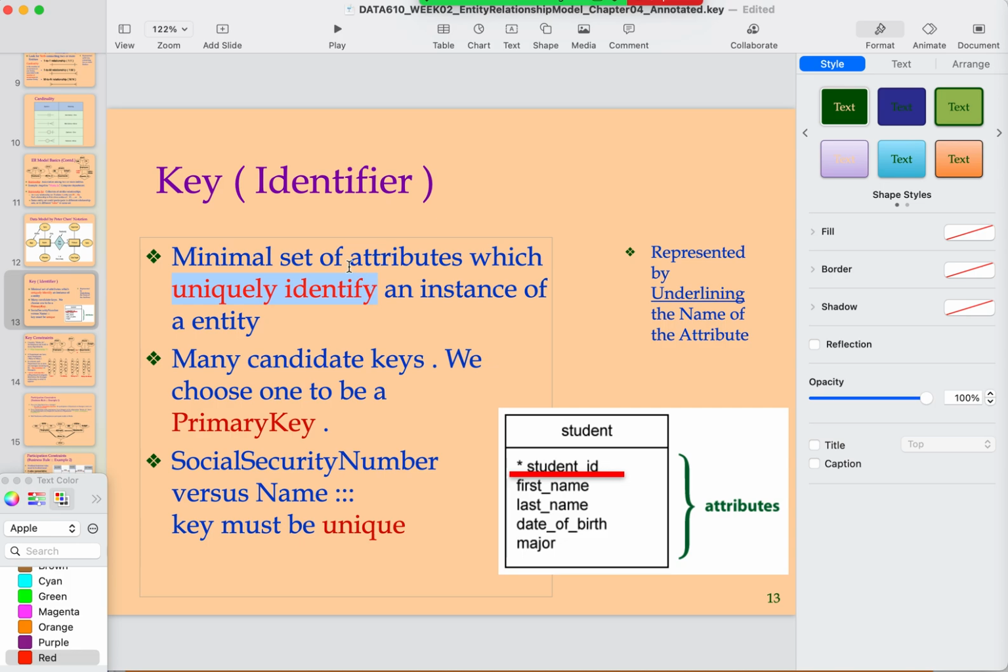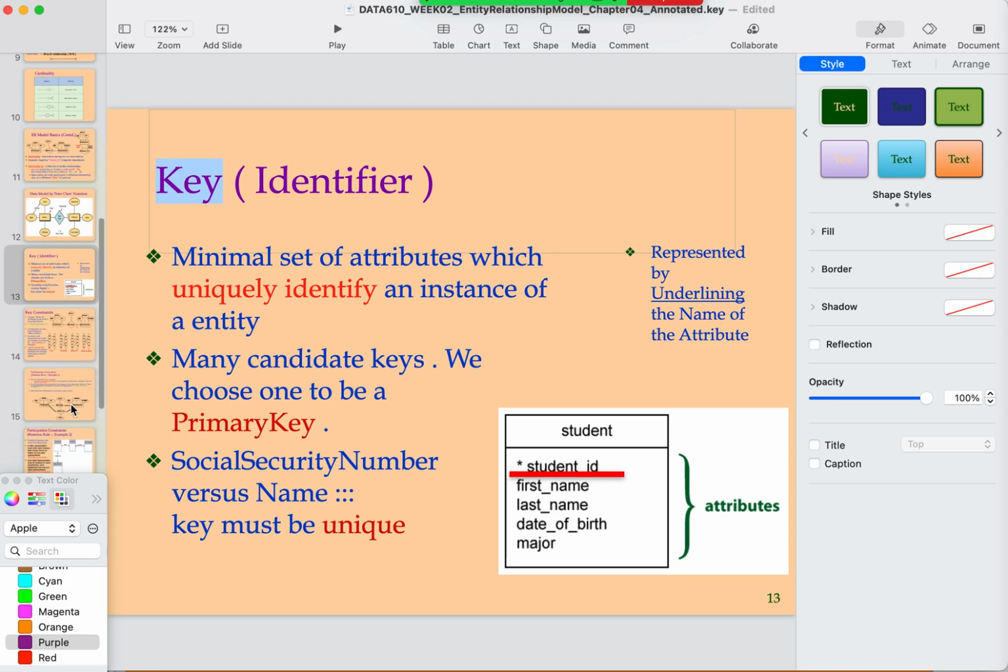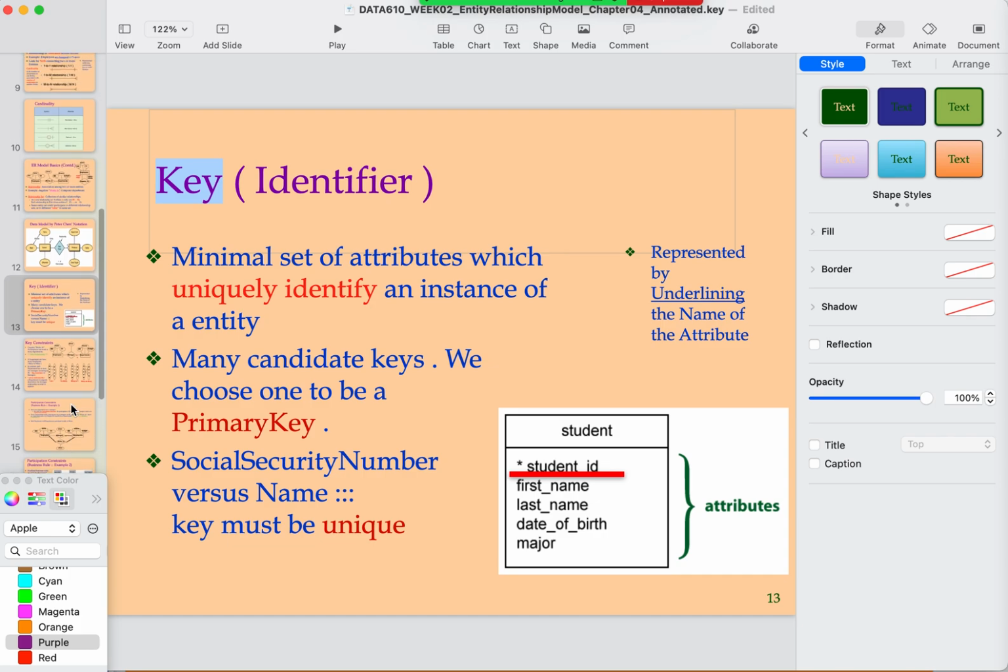That's our key through which we can link tables. So for example, if the employee works in a particular department, then the employee table would have employee ID, but the department table would also have the employee ID.